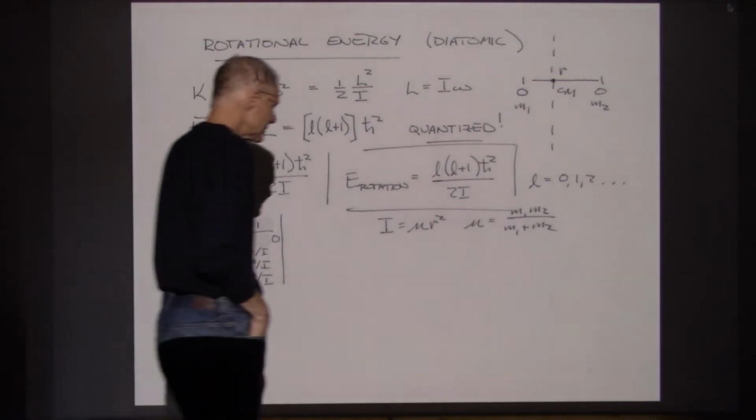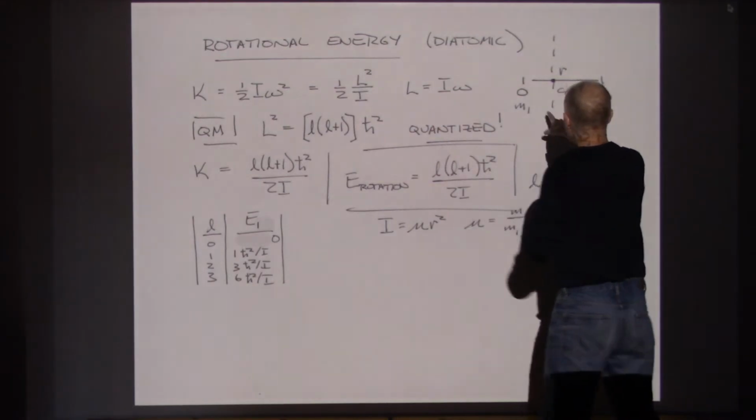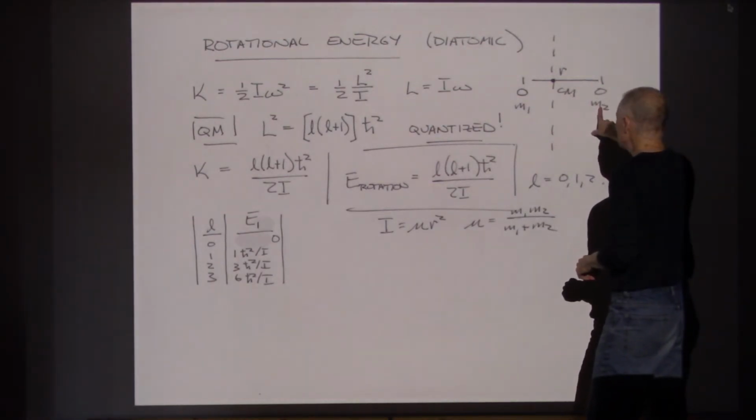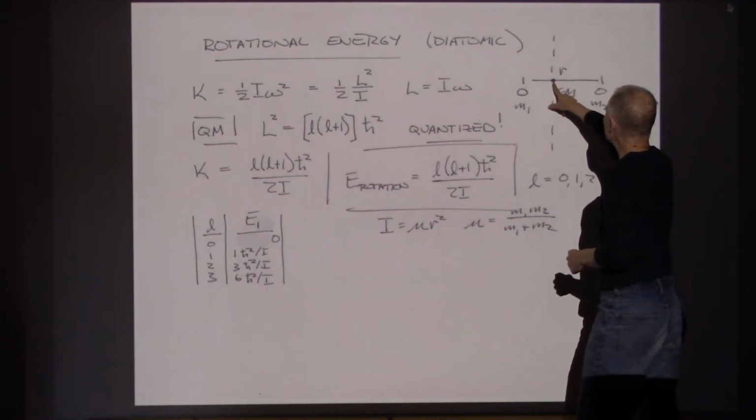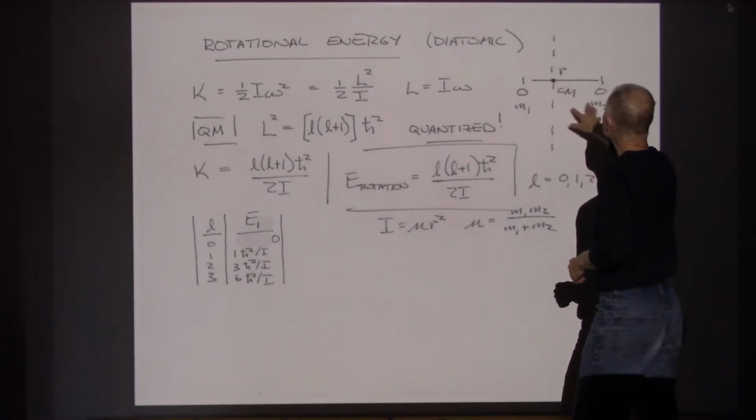So let's say that we have a diatomic molecule. Here's M1, here's M2.